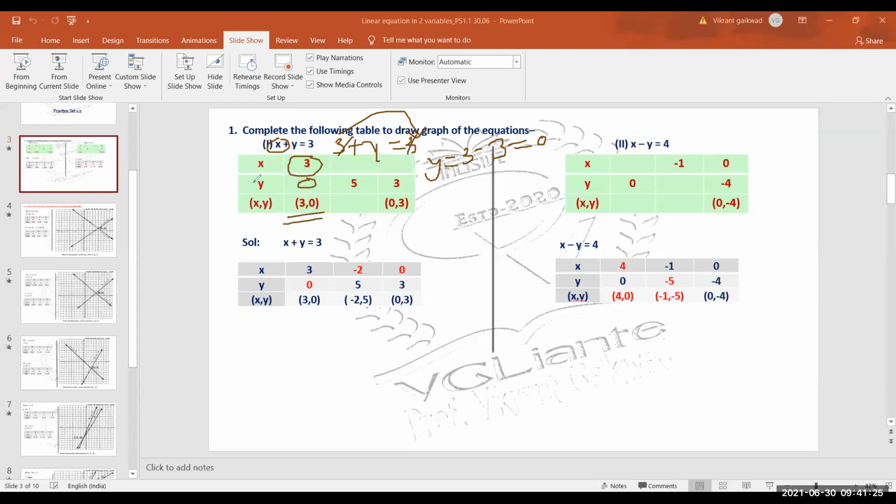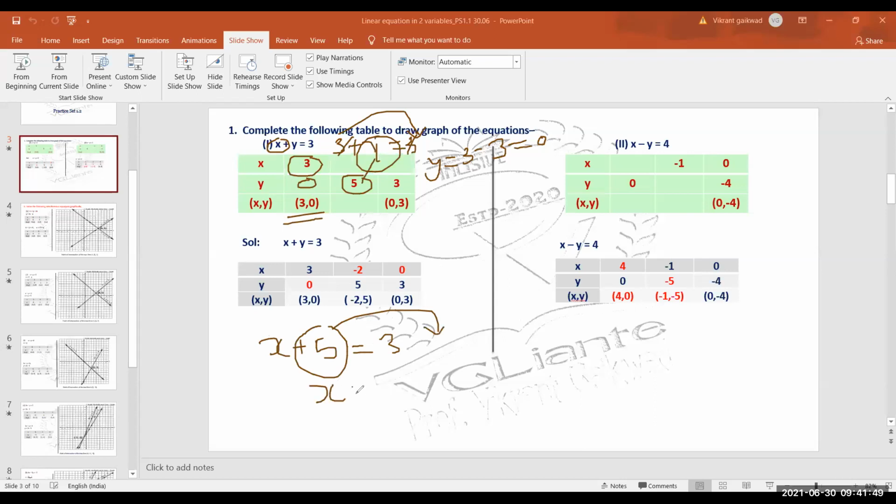Next is what? The value of y is given to you, 5. Just substitute 5 in place of y. So that is x plus 5 equals 3. The plus 5 is going to come to the other side.